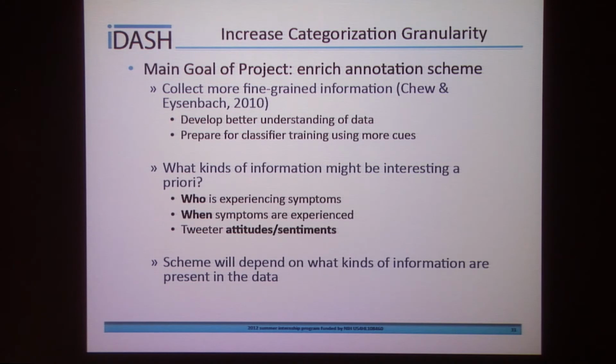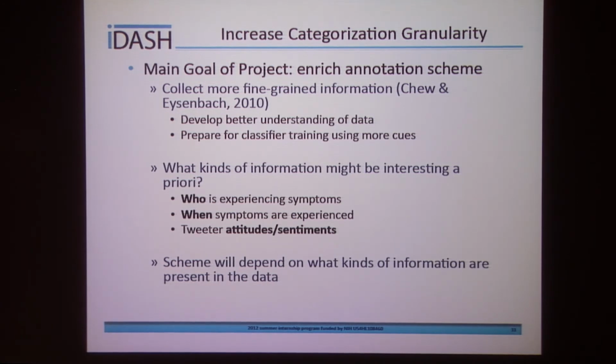So the main goal of the project has been to enrich the annotation scheme and thereby collect more fine-grained information, kind of along the same lines as Chu and Eisenbach, who looked at tweets related to the H1N1 outbreak. In collecting more fine-grained information, we can develop a better understanding of the data and also prepare for classifier training using more linguistic cues.